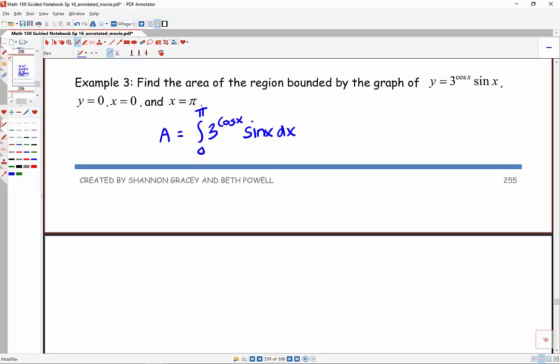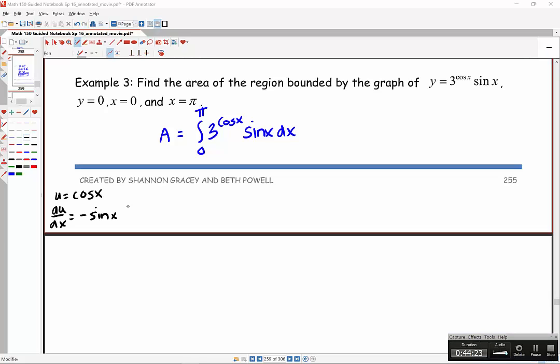All right, so we're going to want to do a u substitution of u is cosine of x, du dx is negative sine of x. So we will have dx is equal to du over negative sine of x.